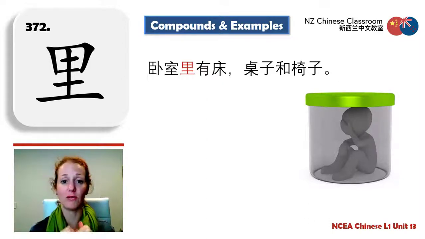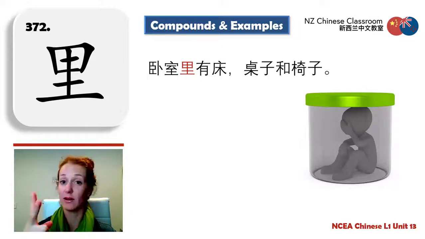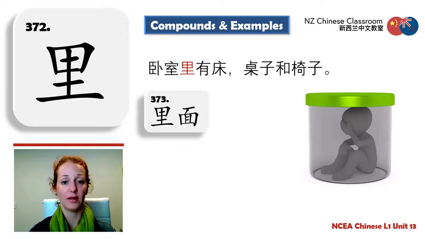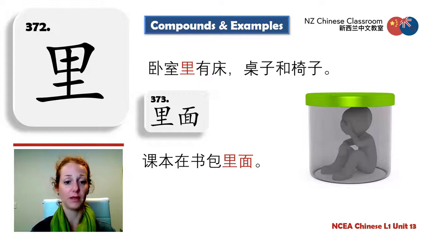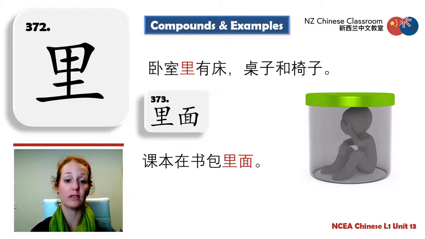So inside the bedroom, there is a bed, a desk, and you remember? 椅子, chair. 对。里面, inside. Same thing. 课本在书包里面. So you could say 课本在书包里 or 课本在书包里面. A little bit more focus on the 里面, inside.